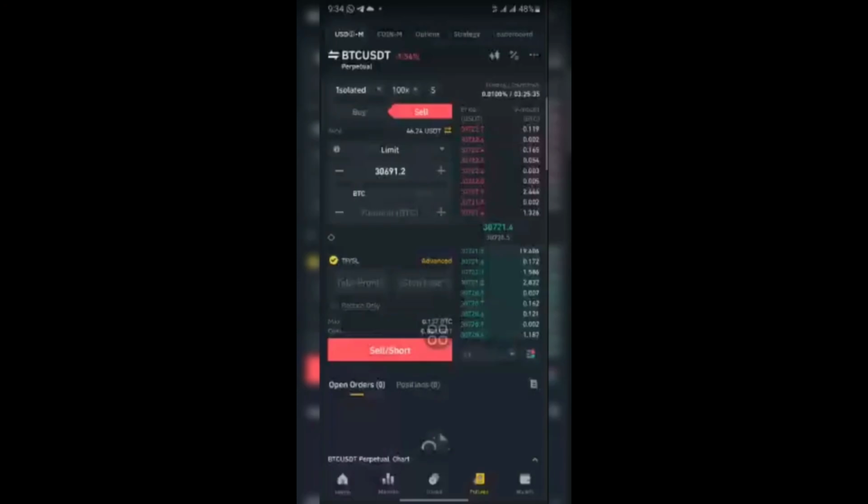I want to use, let's say, $30 to enter the trade. $30 times 100, that's what? $30,000. So it means that I'm entering the trade using $30,000.